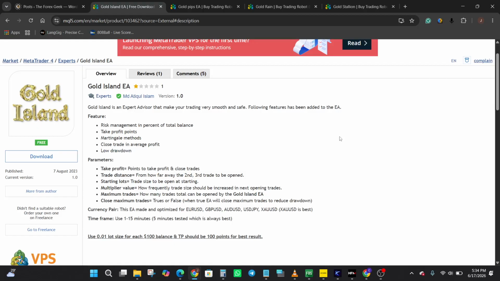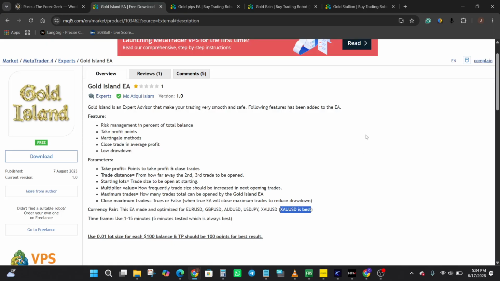The developer also provides recommended symbols for the EA. These include EURUSD, GBPUSD, AUDUSD, USDJPY, and XAUUSD, with XAUUSD specifically noted as the preferred symbol.